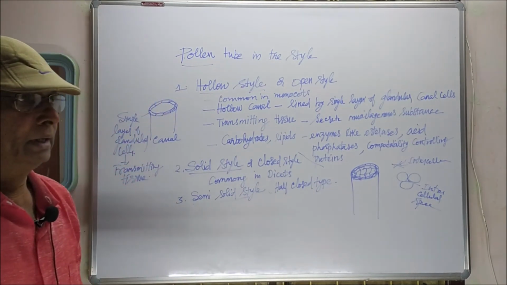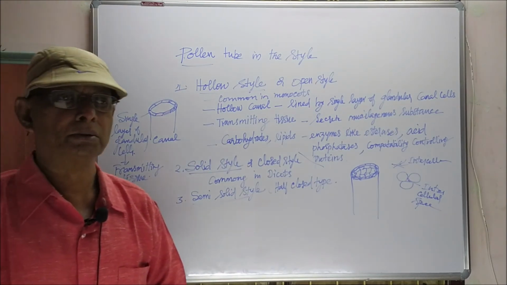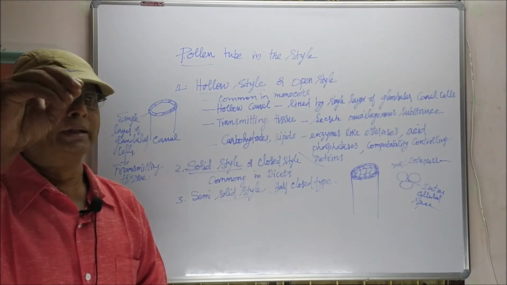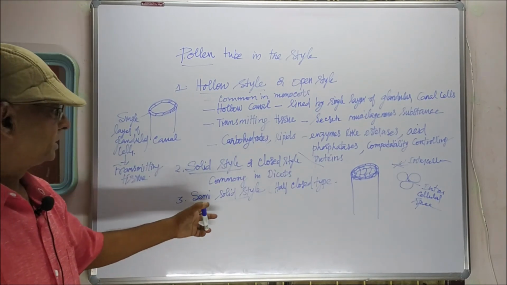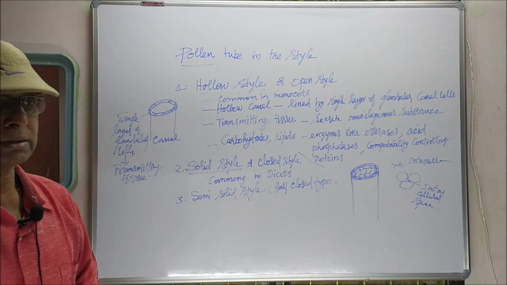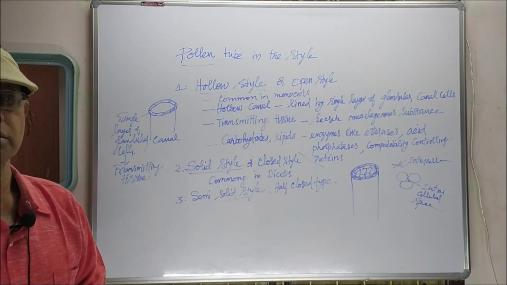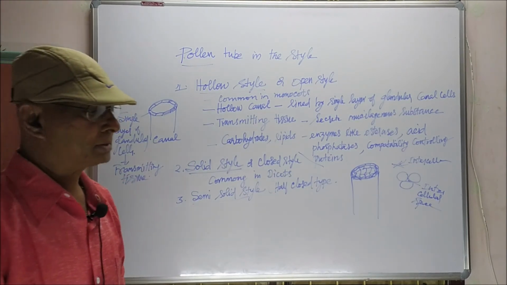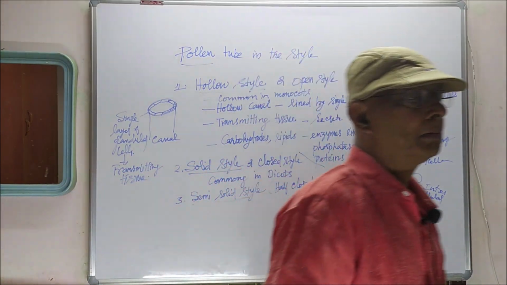Here, the canal is partly filled with transmitting tissue, so the pollen tube grows through the space present in the semi-solid style towards the ovule. That is about three different types of style you can come across in flowers.